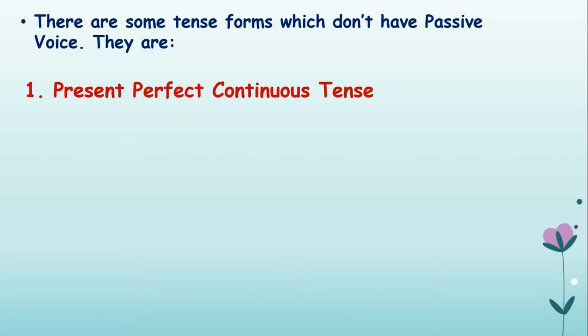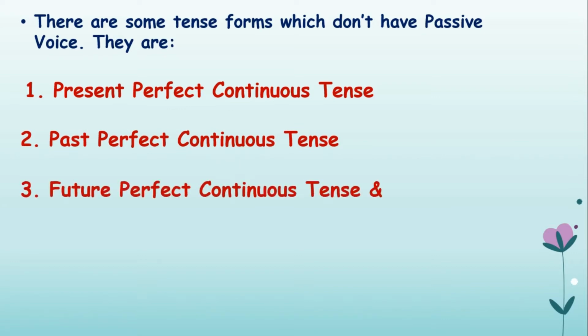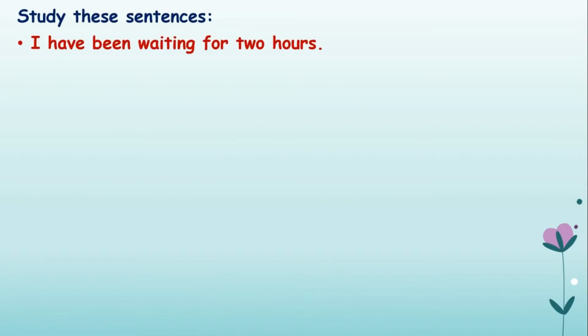They are present perfect continuous tense, past perfect continuous tense, future perfect continuous tense, along with future continuous tense. So all 3 perfect continuous tense forms along with future continuous tense don't have passive form.